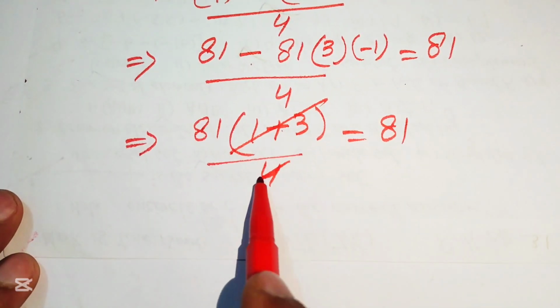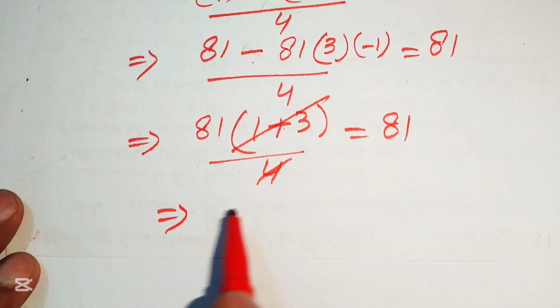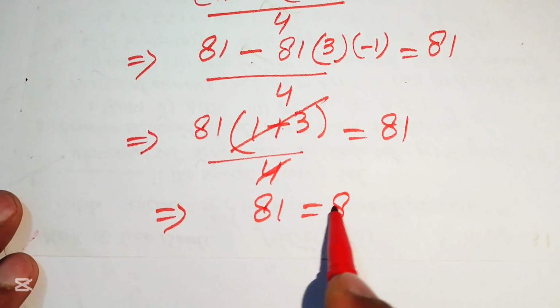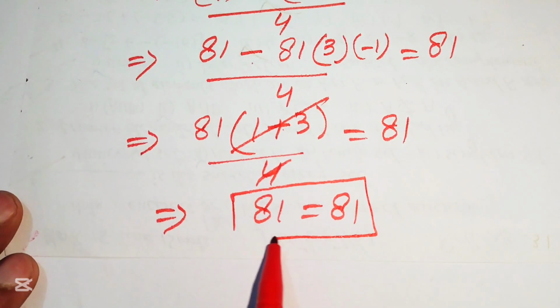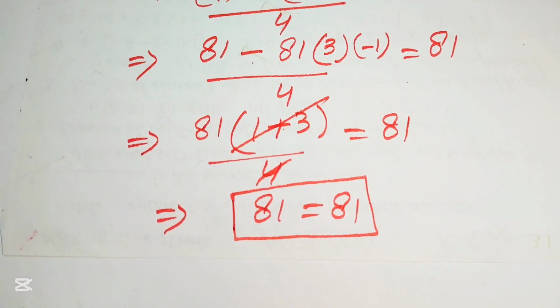This 4 cancels out this 4, and finally we get 81 equals 81. This shows that the values of p and q satisfy the second equation as well.